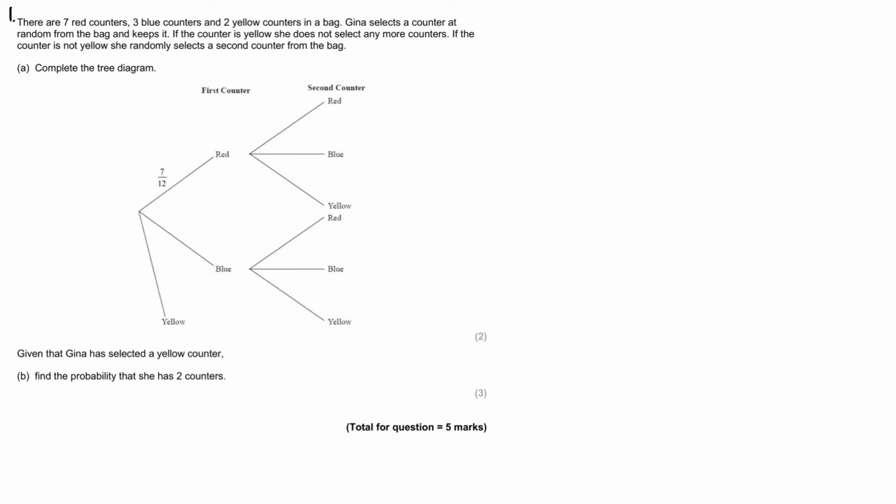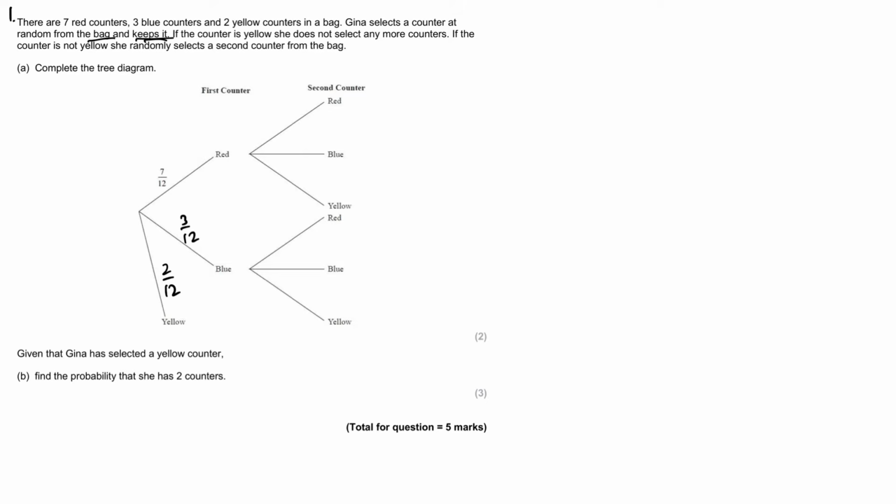So the first step is to complete the tree diagram, which isn't too difficult. We've got 7 red counters, 3 blue and 2 yellow. And I'm just leaving these unsimplified initially. Now, since she takes a counter from the bag and keeps it, that means as we go on, it's conditional probability.